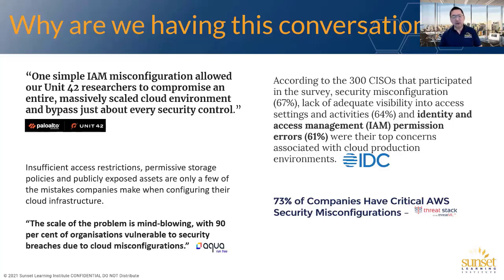I do have a list of links to these different articles. You might remember the security breach that Capital One had in 2019. They were on the AWS platform. And the crux of that breach was, again, customer misconfiguration of resources on that cloud platform. Just something to keep in mind as we go through here.